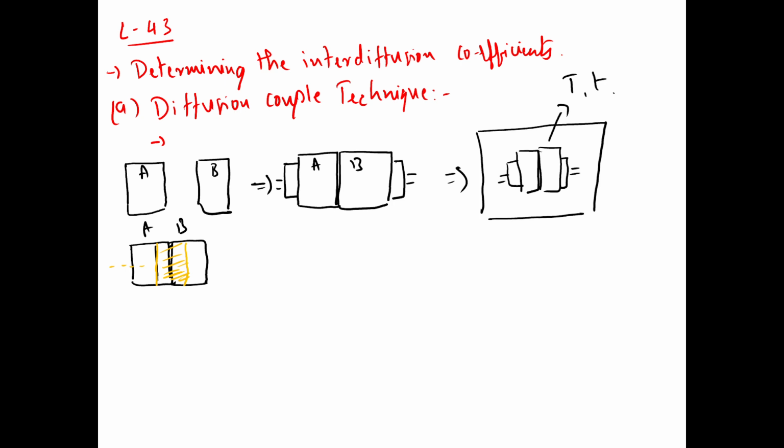Sorry for disturbing. So what we will do is we will make an intersect. We will cut both the alloys which are joined together. They are cut perpendicular to the interdiffusion zones. After that, we will be analyzing. So this is the cut sample.